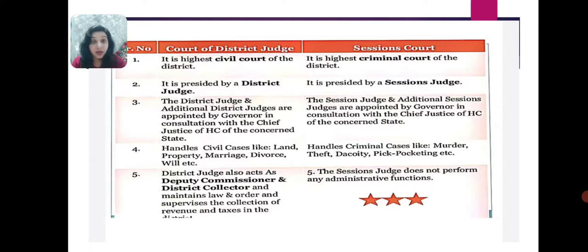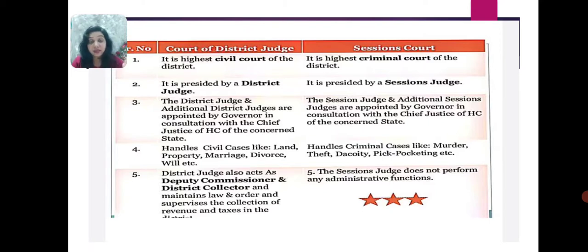Now, this district court of justice handles all the civil cases, like cases related to land, property, marriage, divorce, will, etc. Now, the district judge also acts as deputy commissioner and district collector.